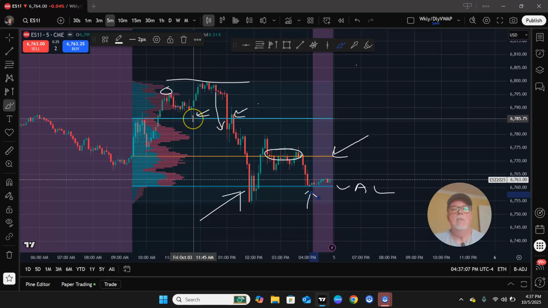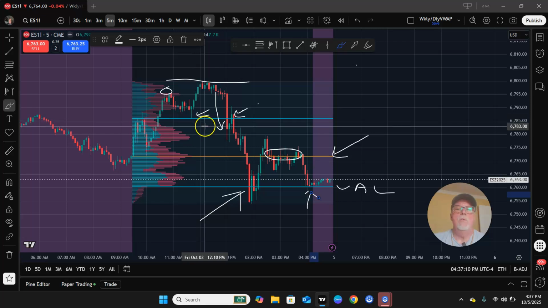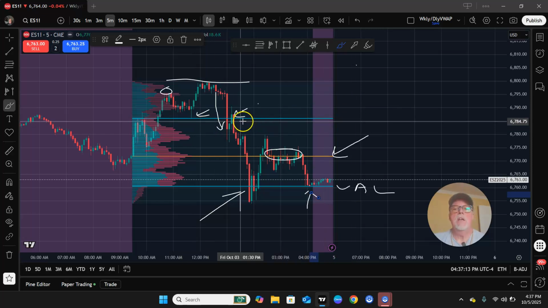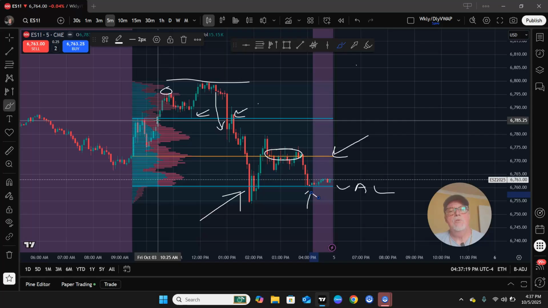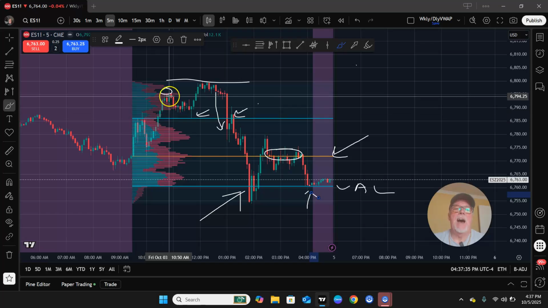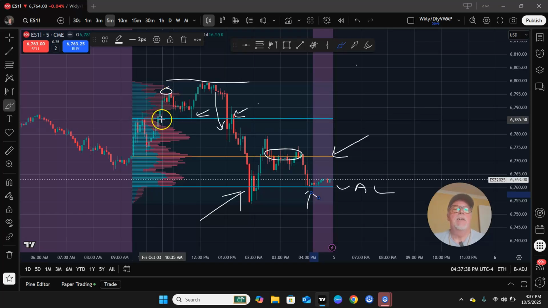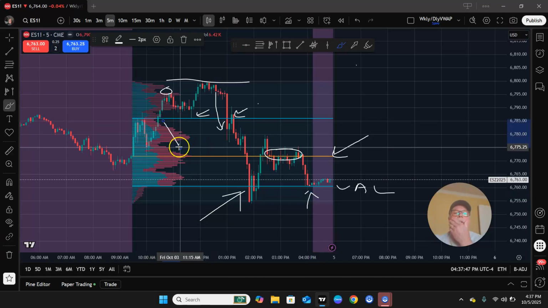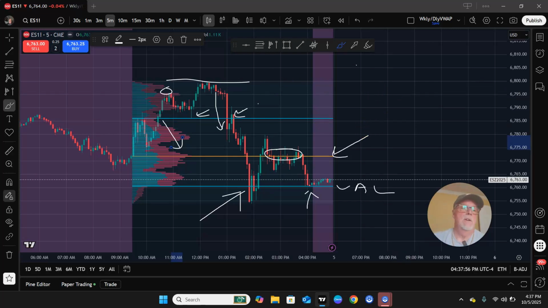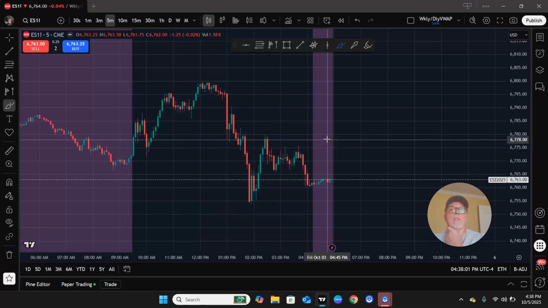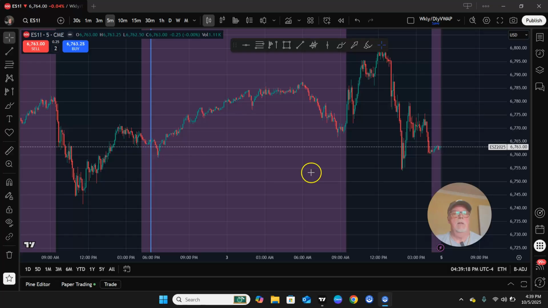And when I hit these levels, I want to know how the market's reacting on the time and sales, and that gives me an indication of, okay, is there a strong preponderance to go out of this area, or is the time and sales telling me no, shorts are coming in at this area to take the market back down? So this is a very important tool that I use to watch the trade from. Okay, so that's today's lesson.